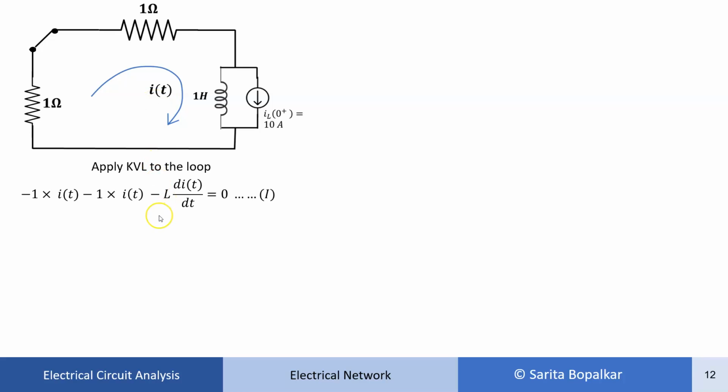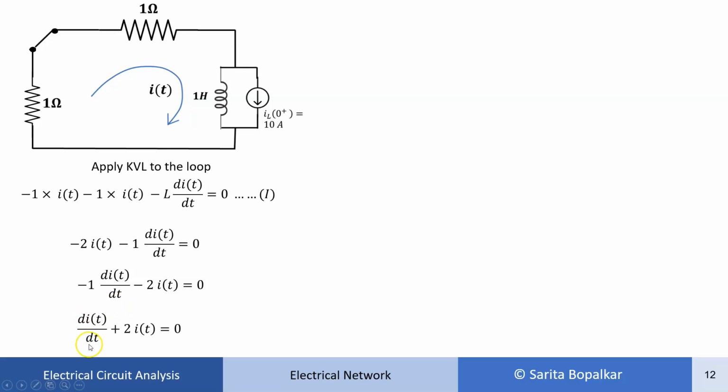So in that case, we'll try to solve this differential equation. For that, you need to check whether this is a homogeneous or non-homogeneous differential equation. Let's combine the i(t) terms. We get minus 2 i(t) minus L, which is 1, di/dt. Multiplying both sides by minus, we get di/dt plus 2 i(t) is equal to 0. Now this is our differential equation.